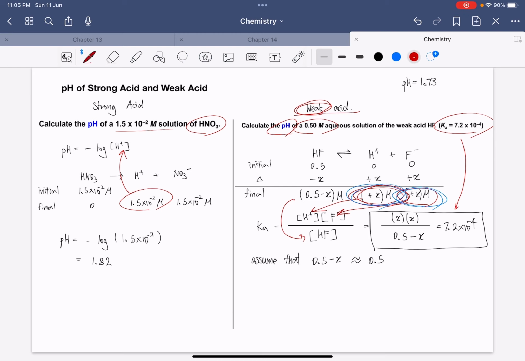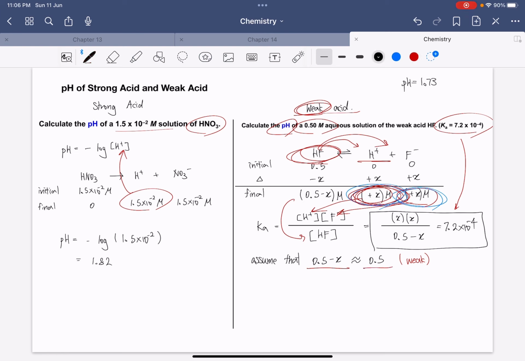This is because we have a weak acid. So what does weak acid mean? Weak acid means that the acid is partially dissociated into H plus and F minus. Most of the molecules will stay as HF molecules instead of H plus ion. Then we can safely conclude that x is significantly small, so that we can approximate 0.5 minus x as the same as 0.5.